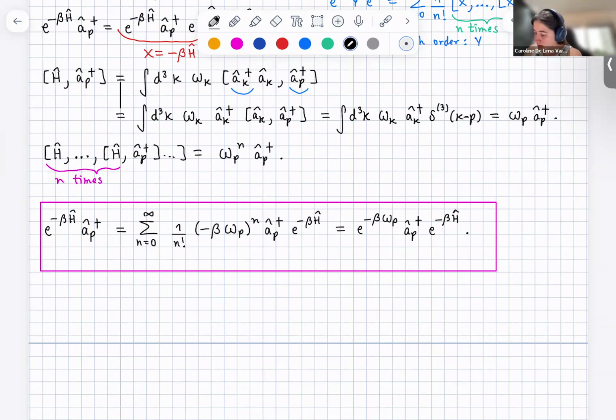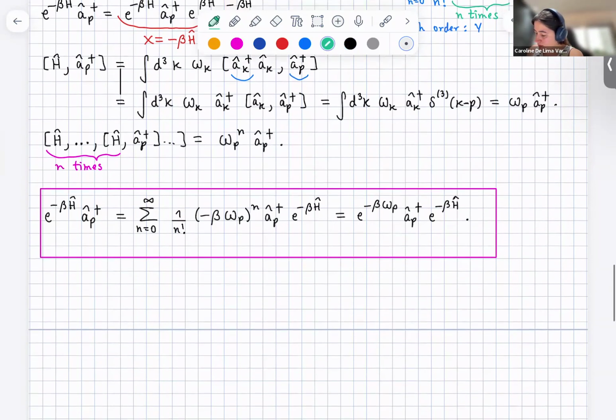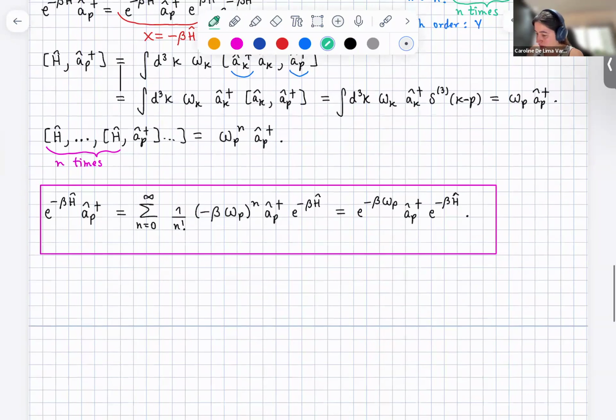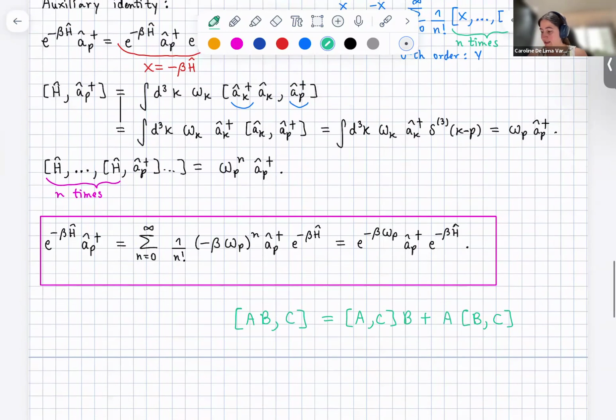Okay, let me just try to write here. If I have A B with C, the commutator of this is going to be the commutator of A and C times B plus A times the commutator of B and C. But I did use that. What I meant here was the following.